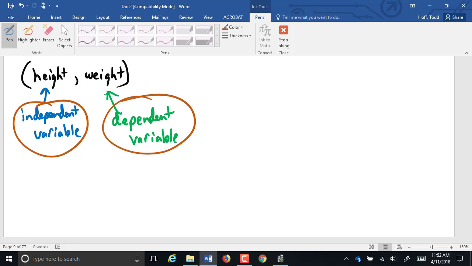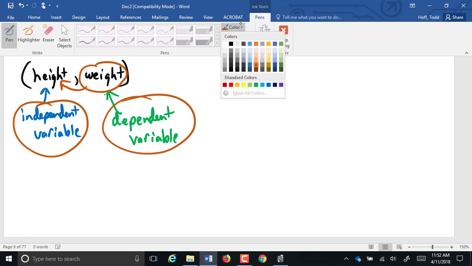So there is some sort of expected cause there, or some sort of expected relationship there. The height, we don't expect to change based on any relationship with weight, but we do expect the weight to change based on its relationship to the height. So that's why the weight is dependent. Your weight can be affected by your height.